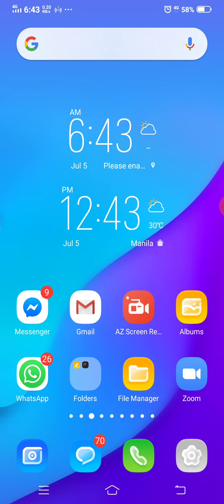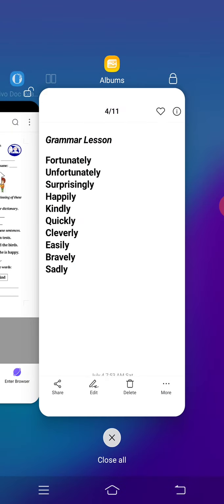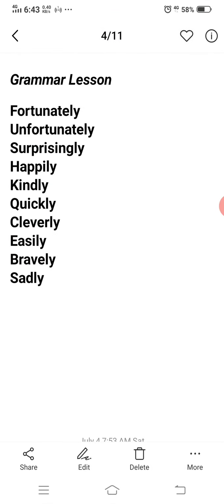As we start, I want you to read these words on your screen. Fortunately, unfortunately, surprisingly, happily, kindly, quickly, cleverly, easily, bravely, sadly. All these words use ly to create an adverb. The ly is attached to the root word to describe how something is done.